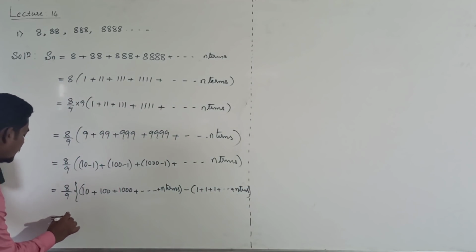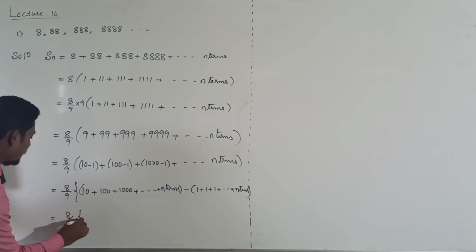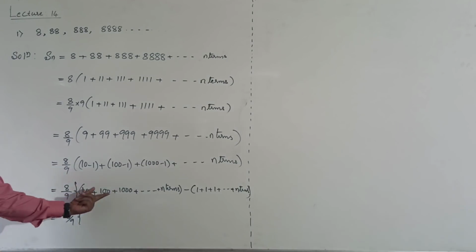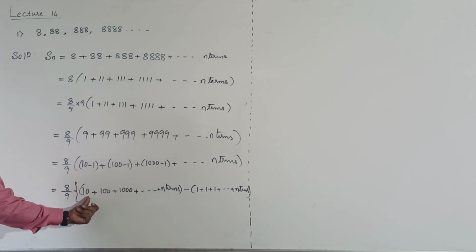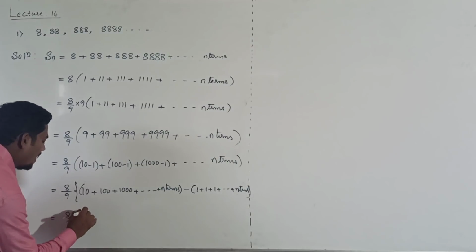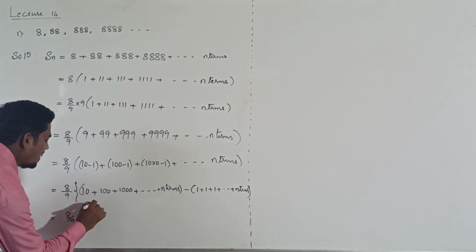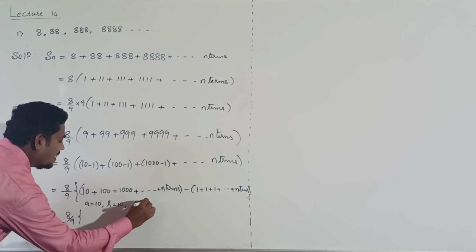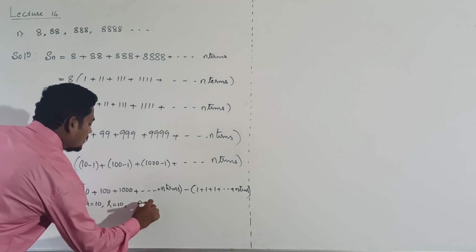Now 8 by 9 into, clearly this is a GP with first term 10 and common ratio 10. Now apply the Sn formula. In this case a value is 10, r value is also 10 and we need n terms, so n value is n.